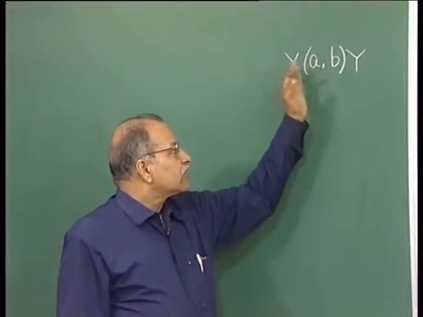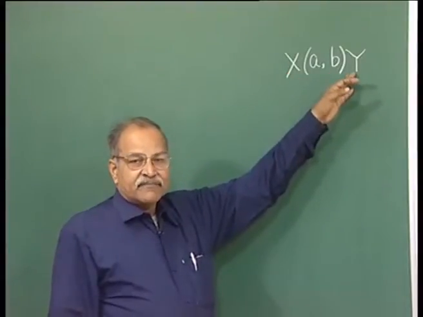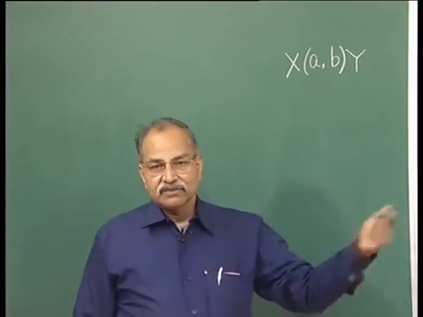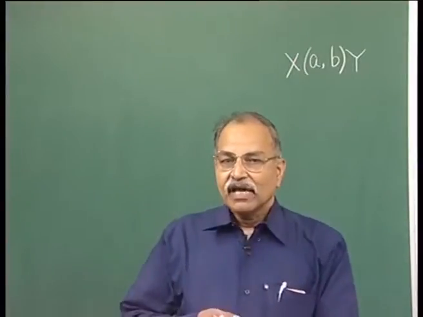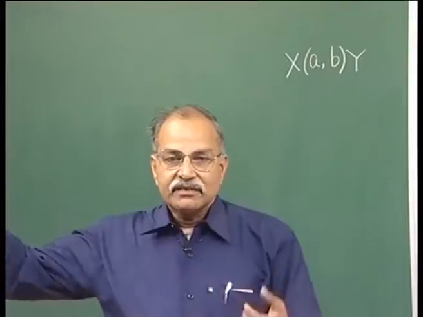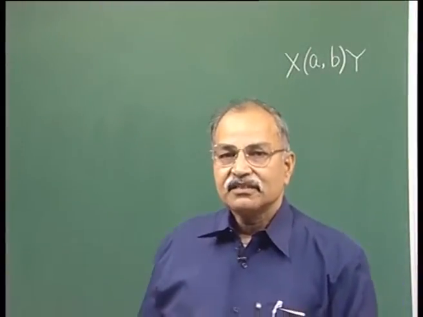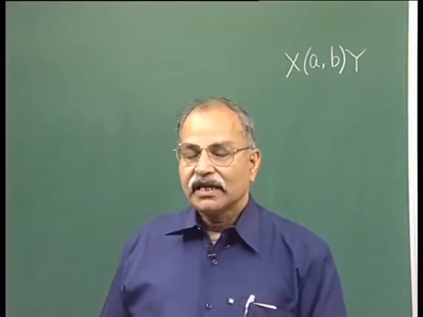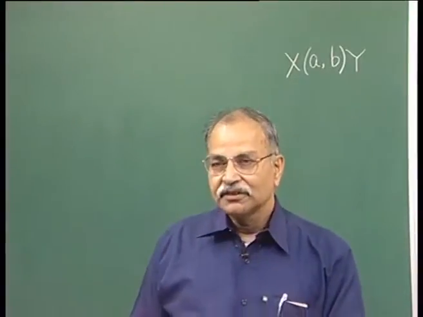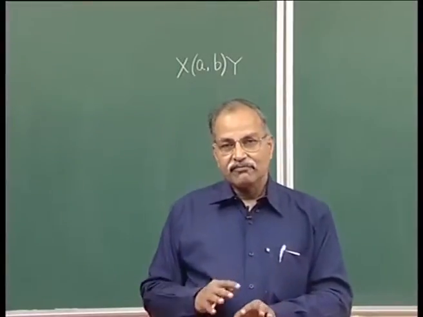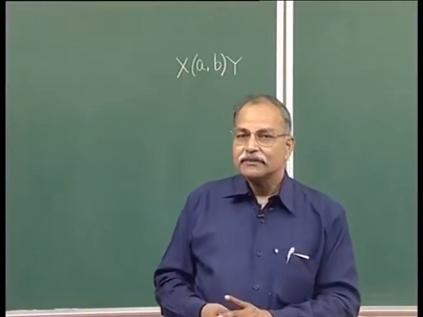Now, scattering can also be elastic scattering or inelastic scattering. In elastic scattering, you have this particle coming in and then going out, and the total kinetic energy before the event and after the event are the same, and that normally happens when you have a low energy charged particle falling on the nucleus.